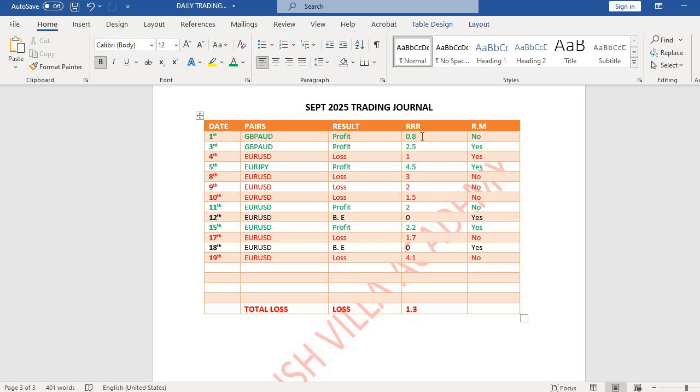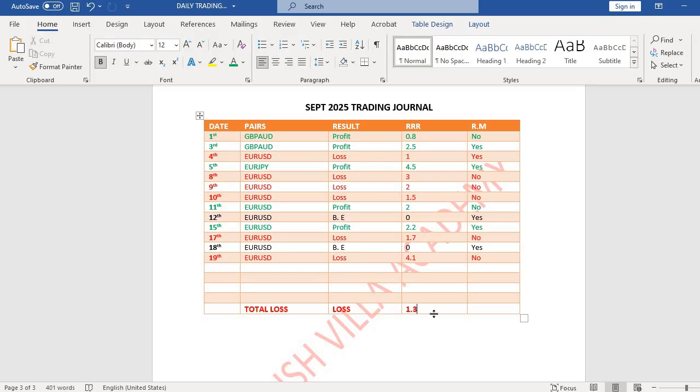And if you now look at the overall results so far, it has brought me to a total loss of 1.3 half. So currently I'm on a minus on my trading account of 1.3 half, and it was majorly because of this last trade I took. I lost 4.1 half.